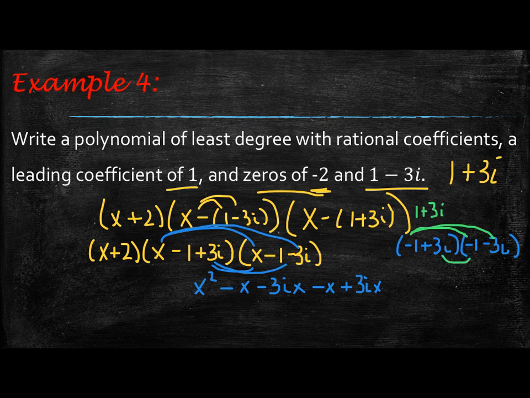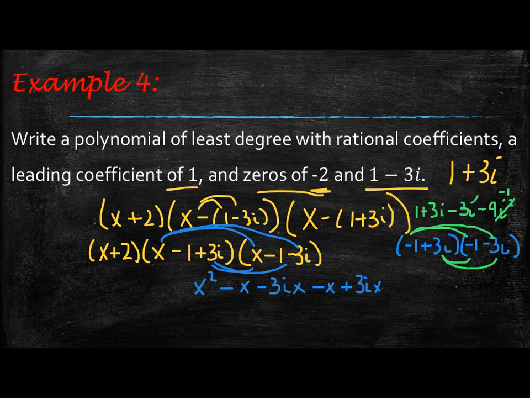Then you're going to do the inside, which is just negative 3i. And then you're going to do positive 3i times negative 3i, which is negative 9i squared. And you remember what happens when you have an i squared. This just becomes negative 1, so that'll be actually positive 9 there. Okay?